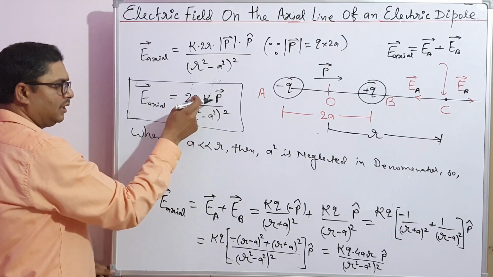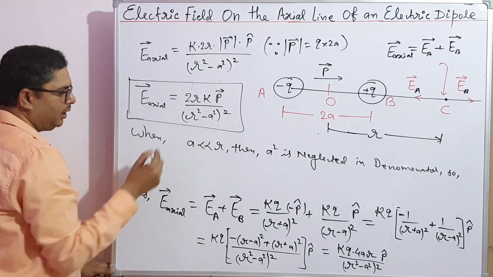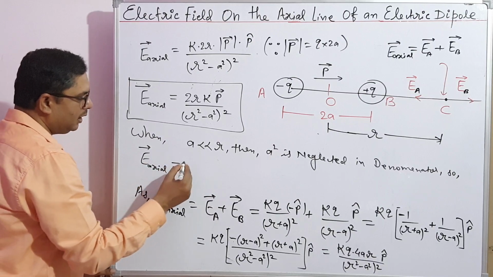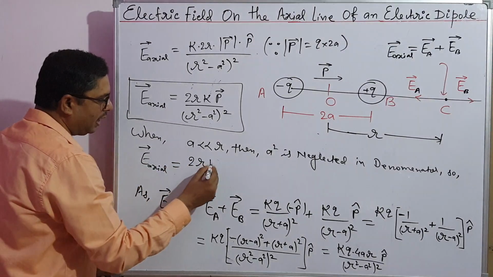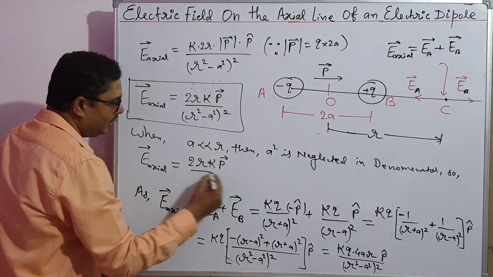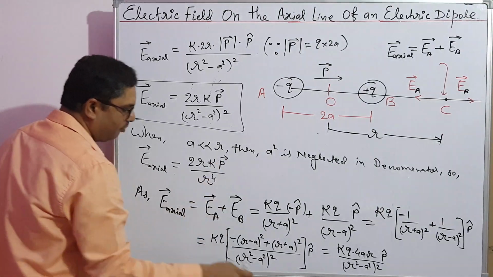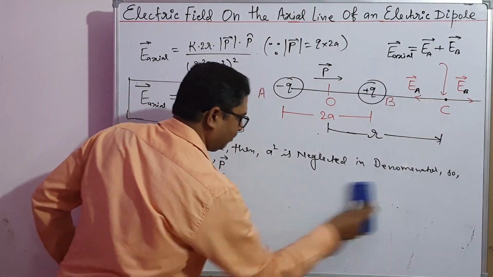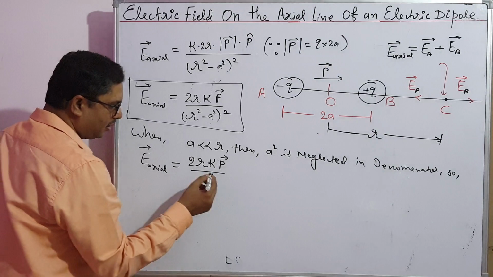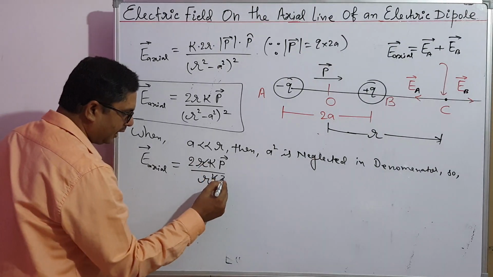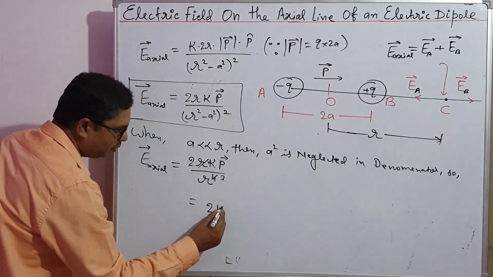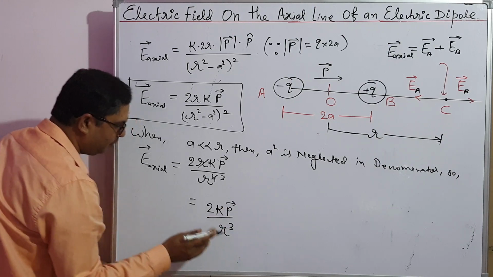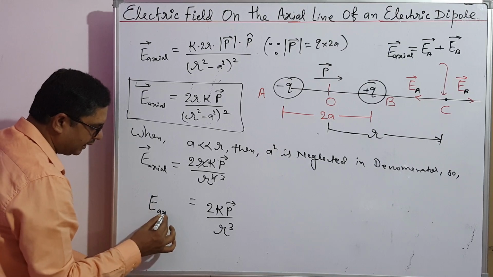Cancel out, you get R cube as I have said. So this is equal to 2KP by R cube. This is E axial.